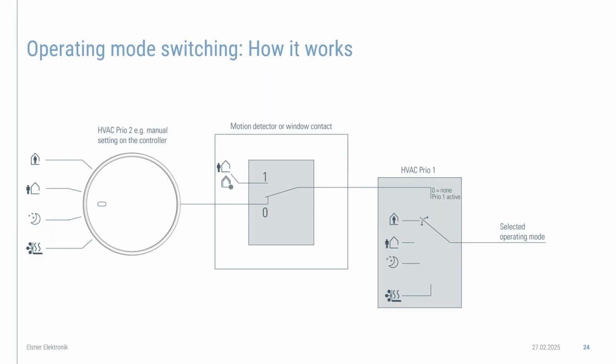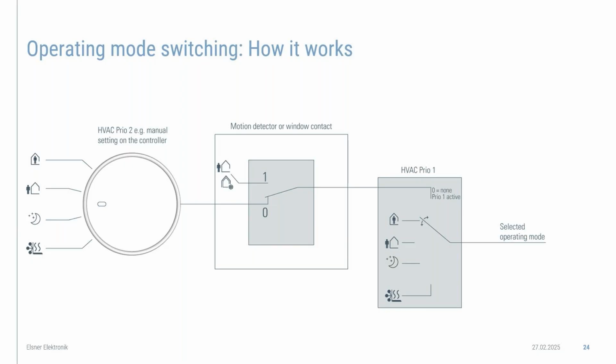Next up, we can set the HVAC operating mode or the priority 2 on the left-hand controller. If the window contact in the room is closed, the detector remains in switch position 0 and no higher priority than HVAC1 control is executed. In this setting, the HVAC2 manual setting operation mode is executed by the controller.